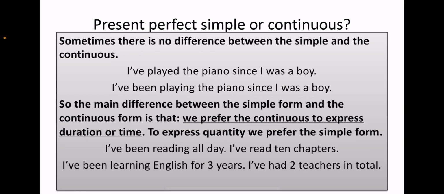So 10 chapters, right? I've been learning English for 3 years. Again, we're using the continuous form and we're emphasizing how long, for 3 years, right? And in the second part of the sentence, it says, I've had 2 teachers in total. We're not emphasizing how long or when, but we're emphasizing the quantity or the event itself.